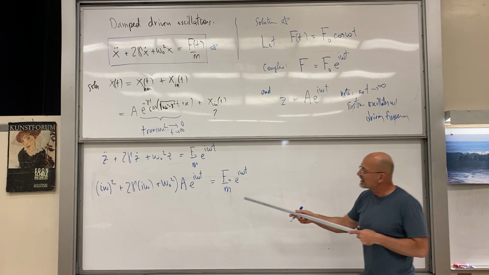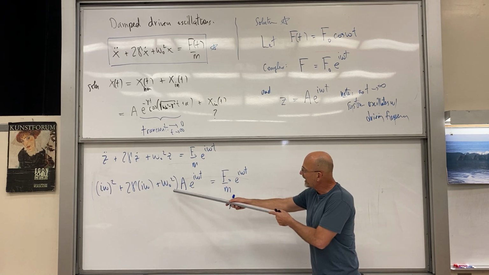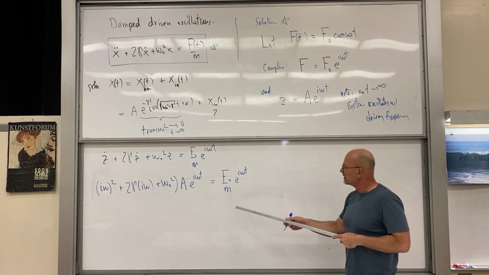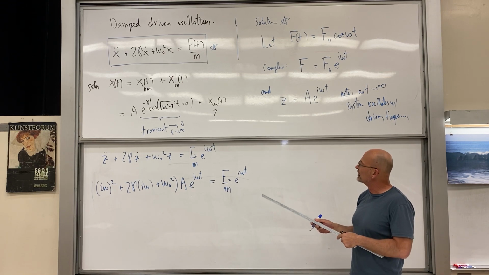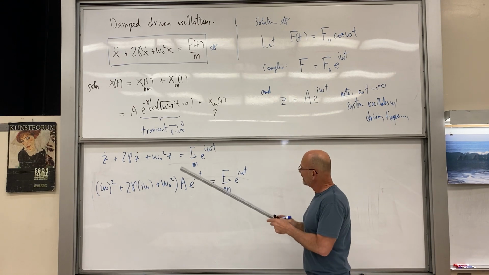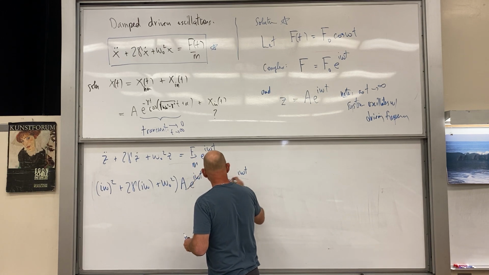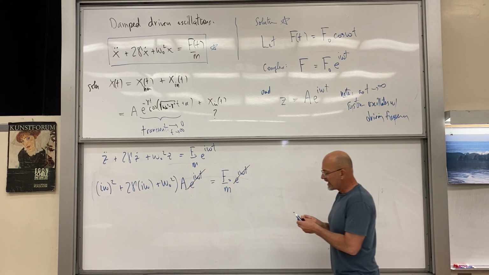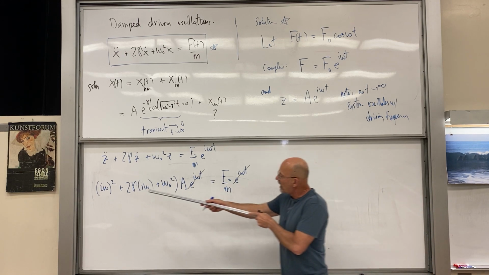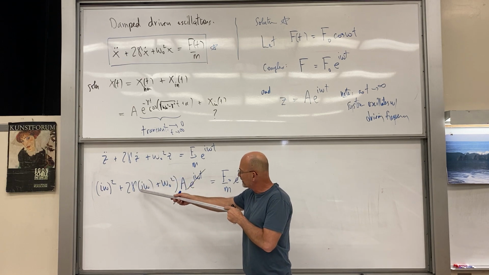Now this time we're not letting this thing go to 0, because remember, omega naught and omega are not the same thing. So yeah, we're going to take this at face value. That's what it means to solve this differential equation. But what we can do is get rid of this thing here, and what we see now, remember, this omega is the driving frequency, so it's the machines, whatever's driving our system.